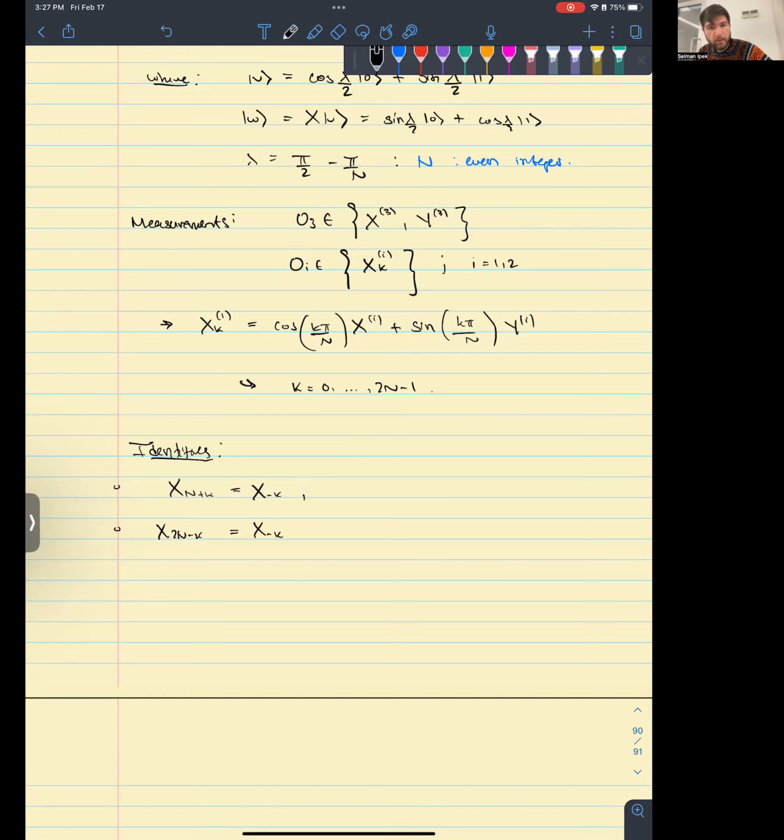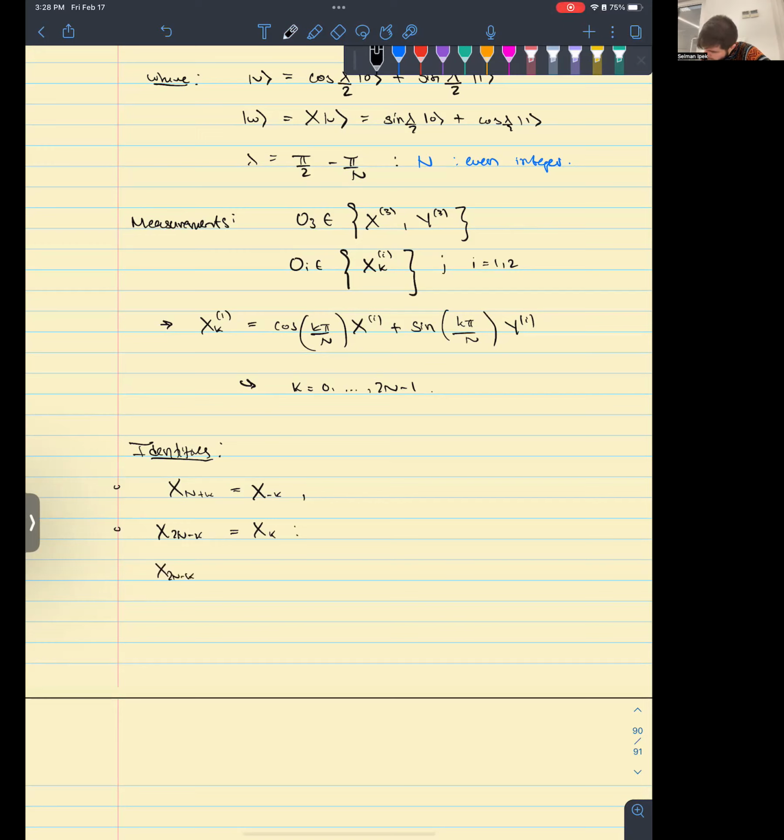Now, is that right? This is by a similar calculation, but this is making less sense. I think it might be that this one is equal to X_k. Well, we can work it out just in case. Maybe it's a good exercise anyway.